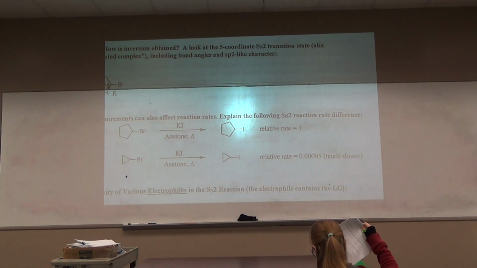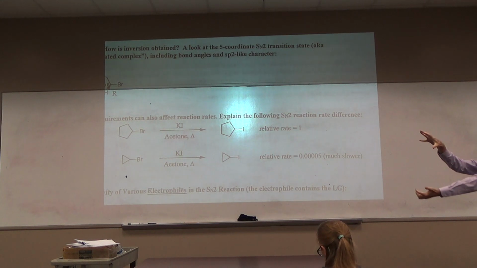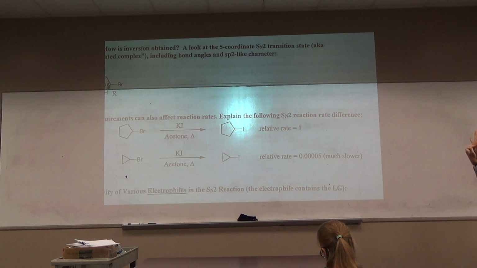Concerted backside attack leads to inversion. Attack goes through a planar transition state, which is sp2-like with the p orbital. And then as the leaving group departs, the groups actually come the other way, and you get inversion, like an umbrella inverting in the wind. All a result of backside attack.